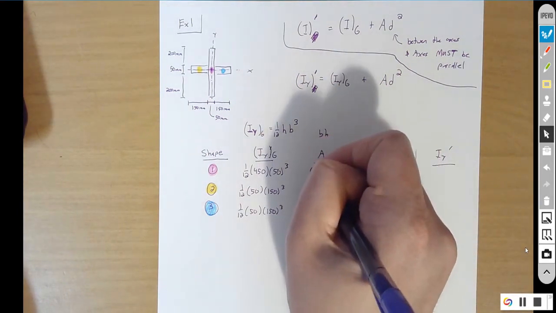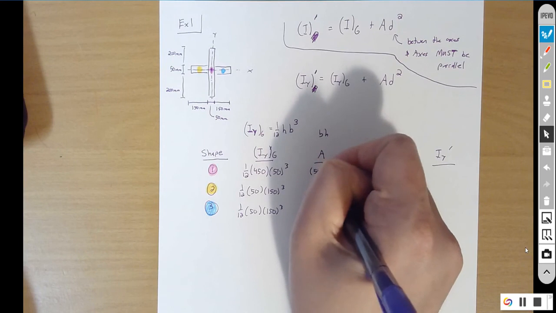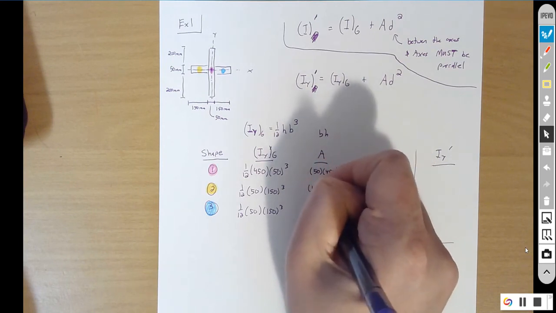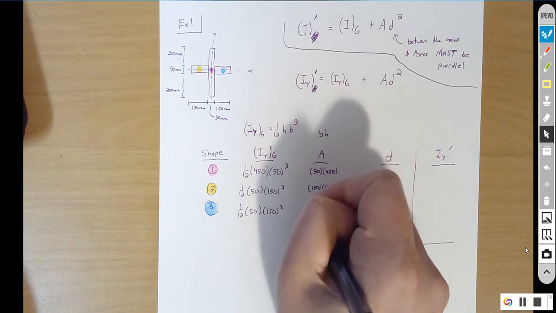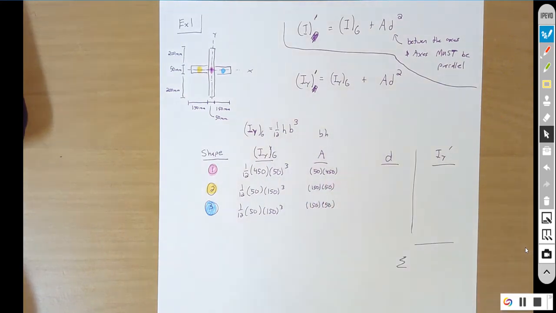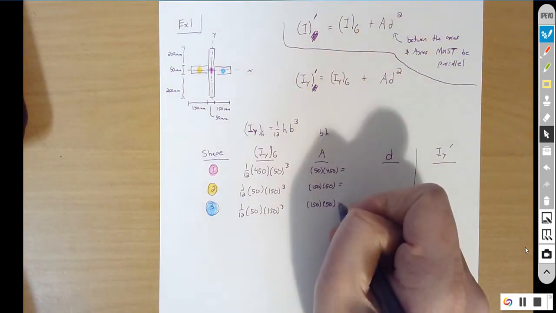So base is, well, it doesn't really matter which order they are, but I just want to be consistent. So 50, height being 450, base here being 150, and height being 50, 150, and 50. And then to make your life easier, you'd probably calculate the number off to the side.